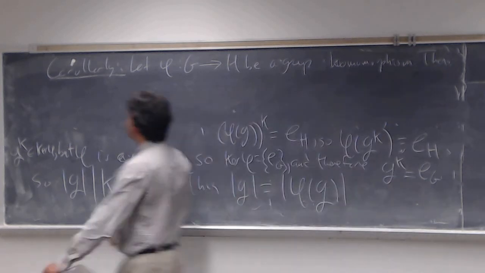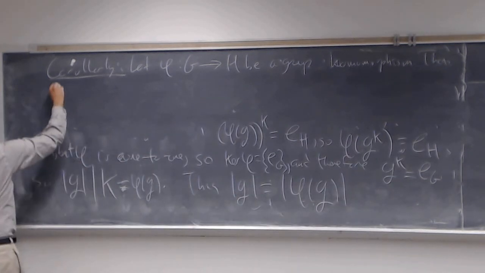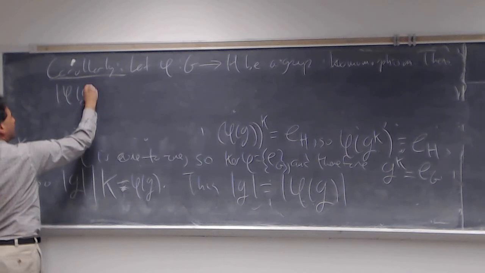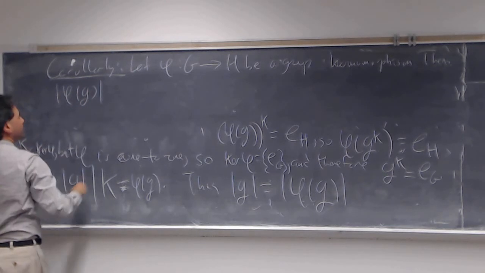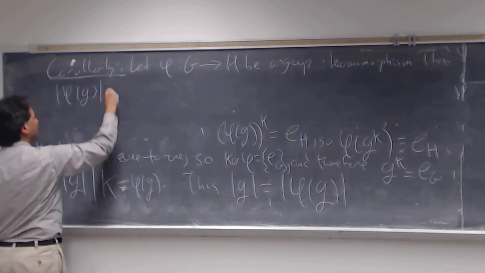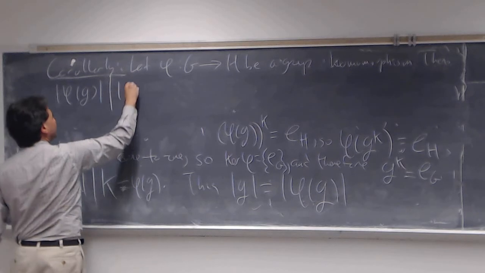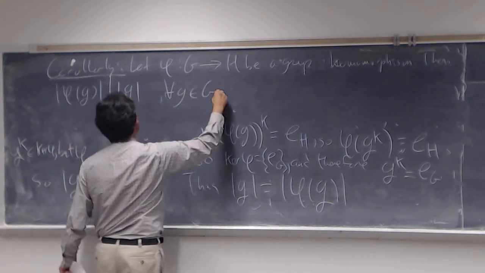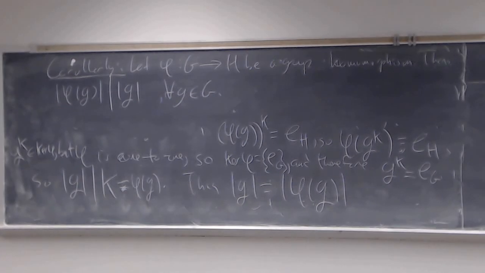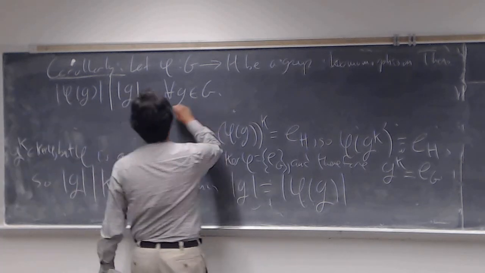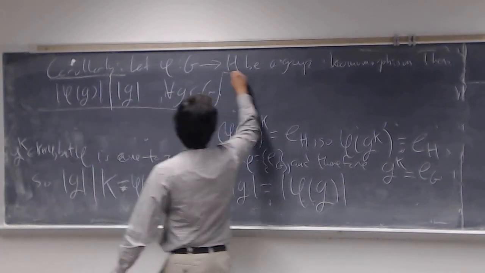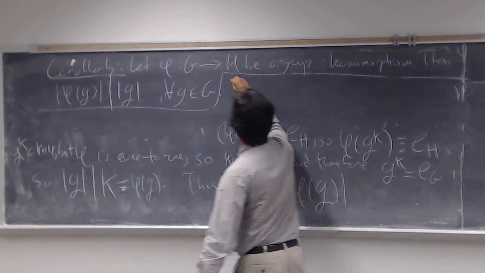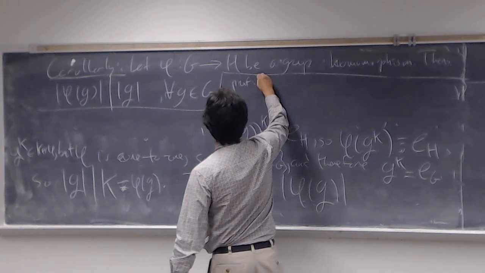Then the order of phi of G divides the order of G for all G in G. So that was true for any homomorphism. Okay, so the proof, we just did it, done.